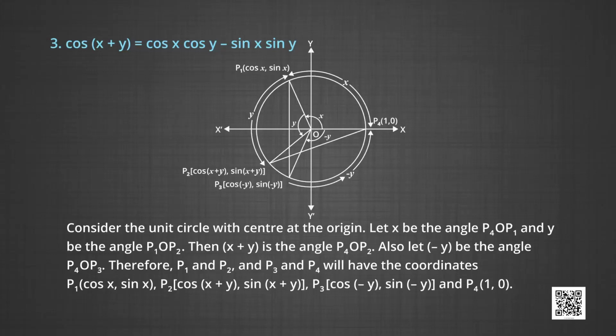Therefore, P1, P2, P3 and P4 will have the coordinates: P1 is cos x, sin x; P2 will have the coordinates cos of x plus y, sin of x plus y; P3 will have coordinates cos of minus y, sin of minus y; and P4 will have the coordinates 1, 0.